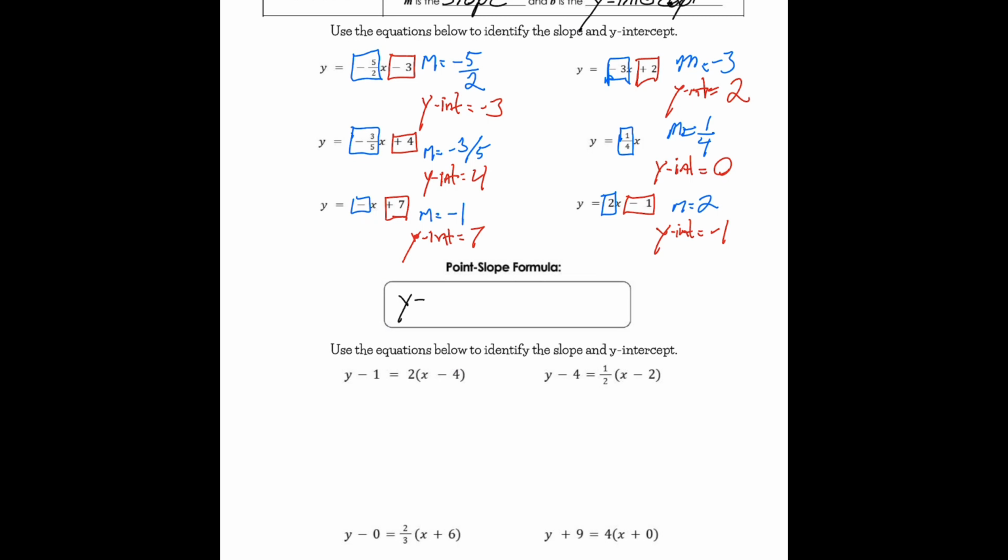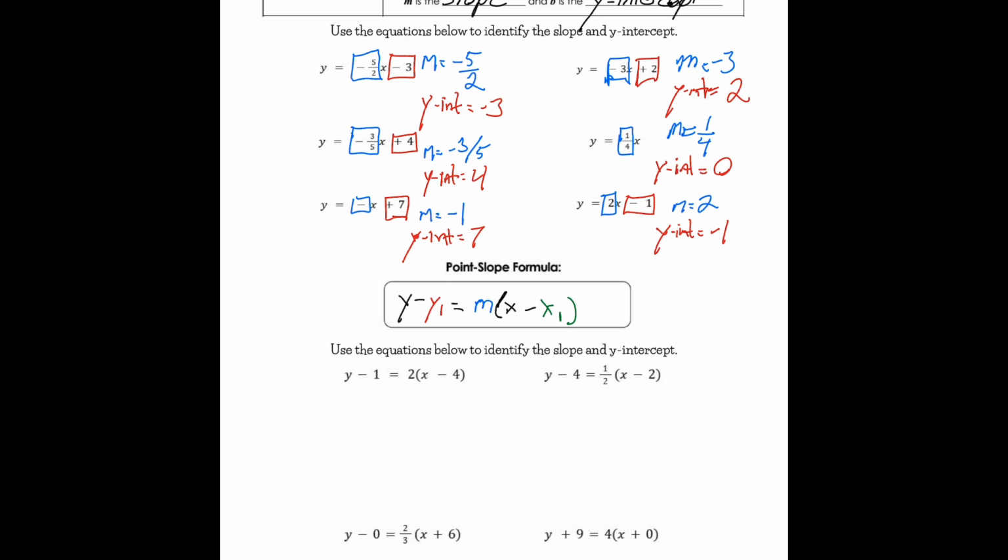We'll do y minus y1 equals m times x minus, and we'll use green, x1.